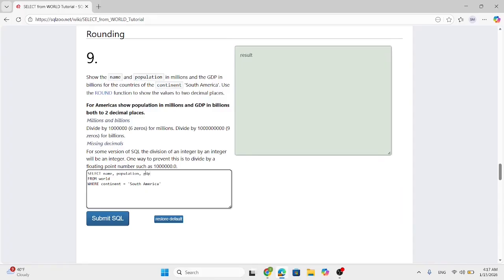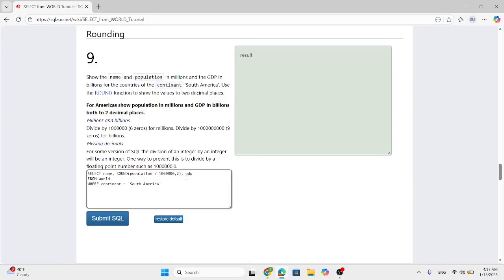GDP, but we need to round them and show them in millions. Round population, and we need to divide this population by a million because it said we need to show in millions. And we are going to round them to 2 decimal places.